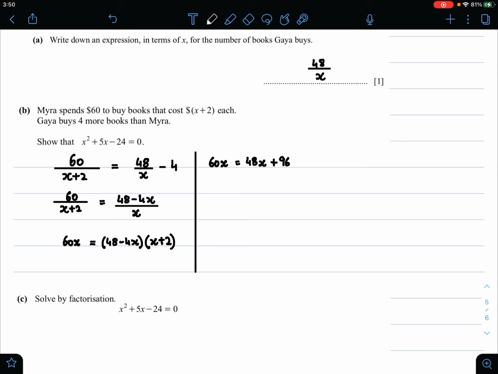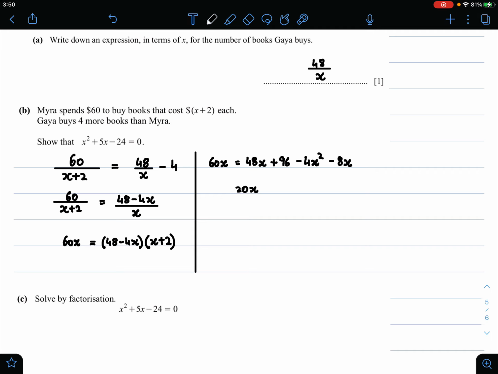Negative 4x multiplied by x is negative 4x square. And negative 4x multiplied by 2 is negative 8x. So 48x minus 8x would be 40x, and if we take 40x to the other side of the equation, it will become 60 minus 40, which is 20x.